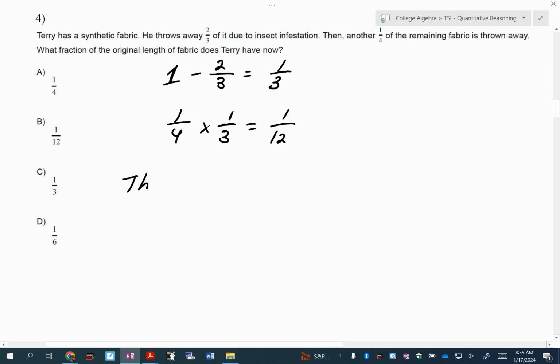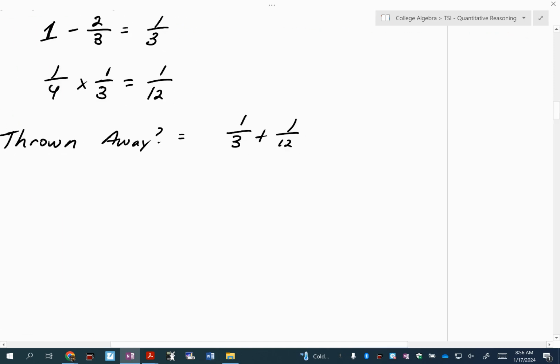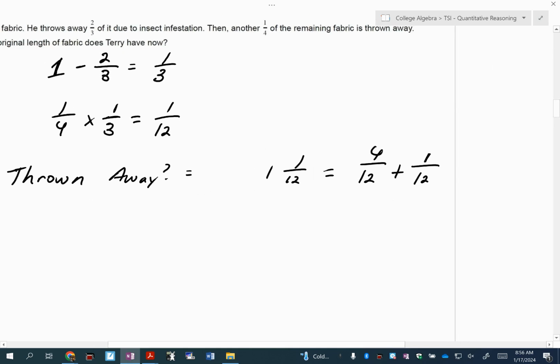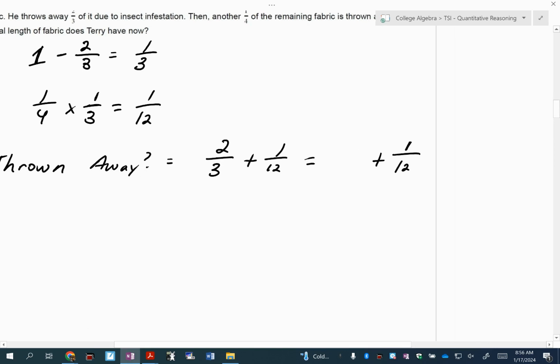So I first find out how much is thrown away. That'd be 2/3 plus 1/12. Excuse me, I misspoke earlier, it's 2/3 that was thrown away. There we go. That makes more sense.